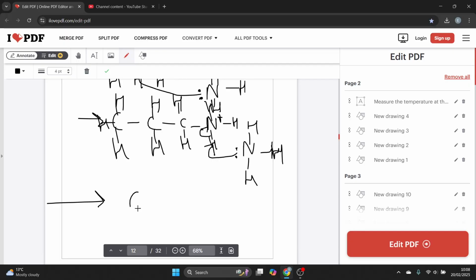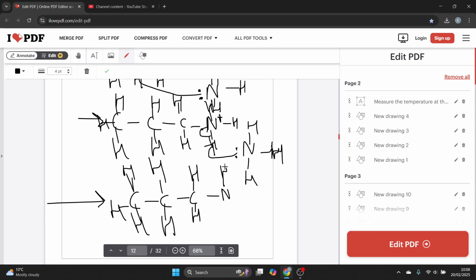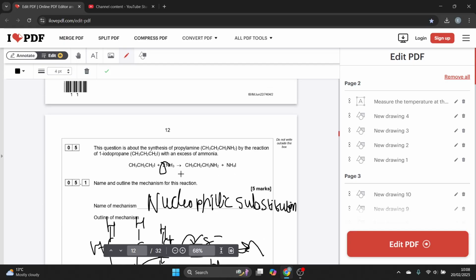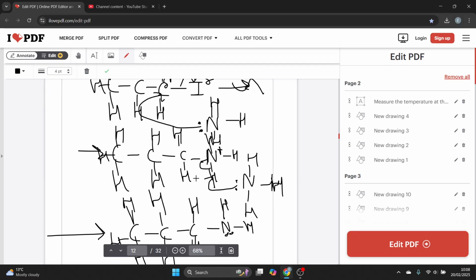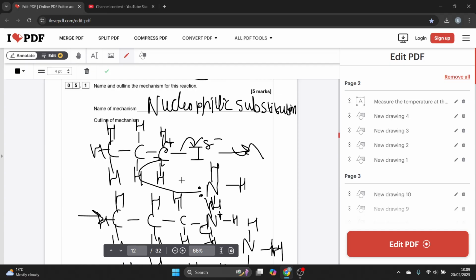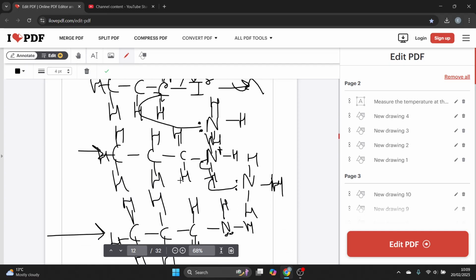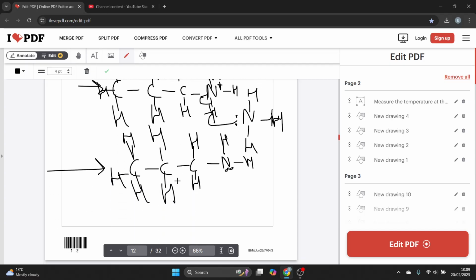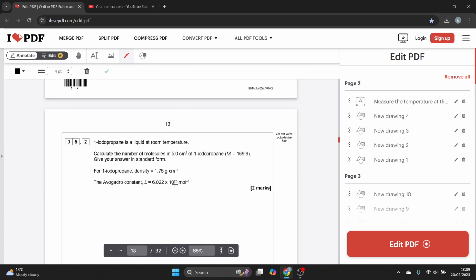What you form is this, where the nitrogen has lost a hydrogen: CH3, CH2, CH2, NH2. Perfect. Nucleophilic substitution, and then another NH3 acts as a base, takes a proton, that bond breaks, and then you form that. Question 5.2.